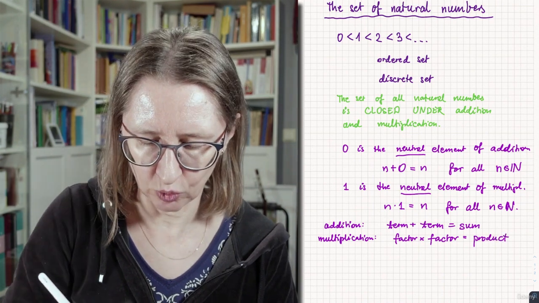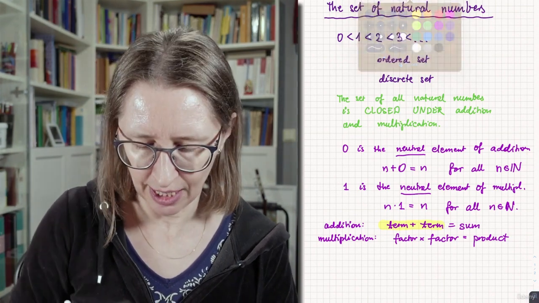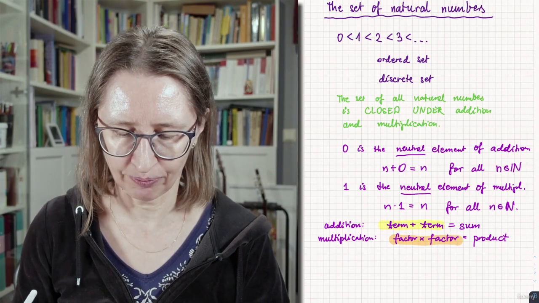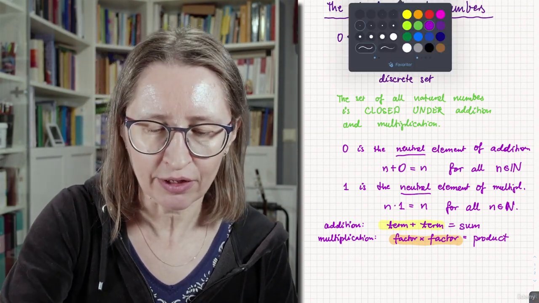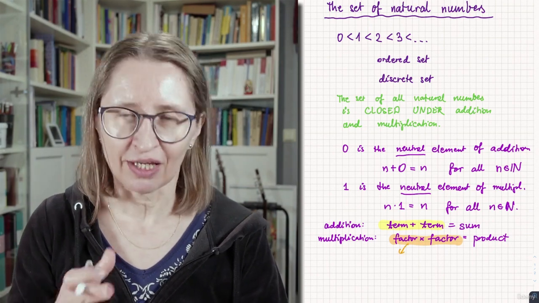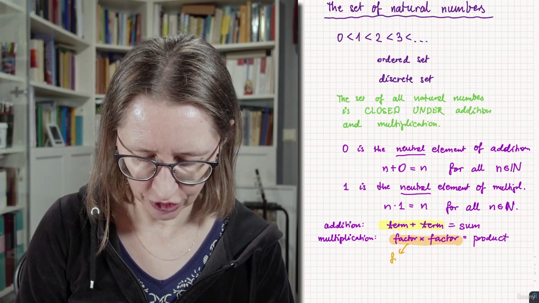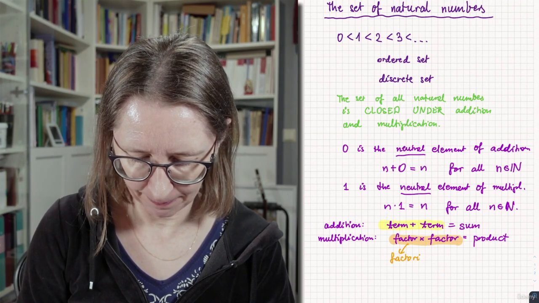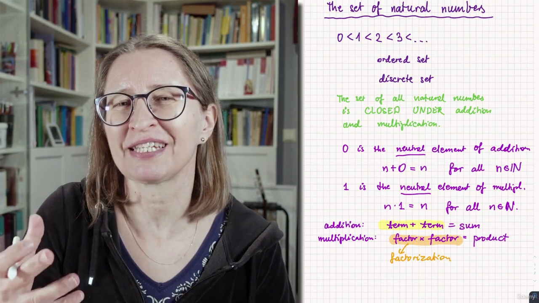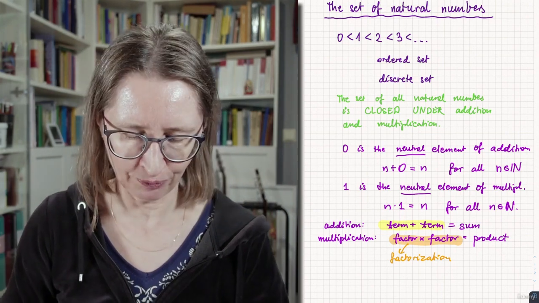So these two names are very important: terms for addition and factors for multiplication. And by the way, this word factor gives another term, which is factorization, right? Factorization is representation as a product of several factors.